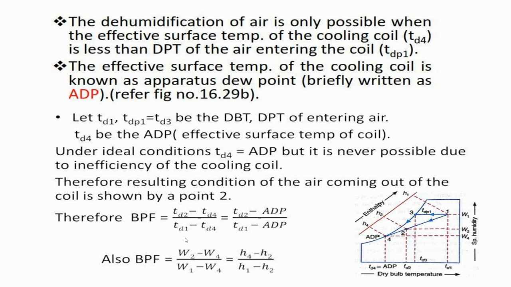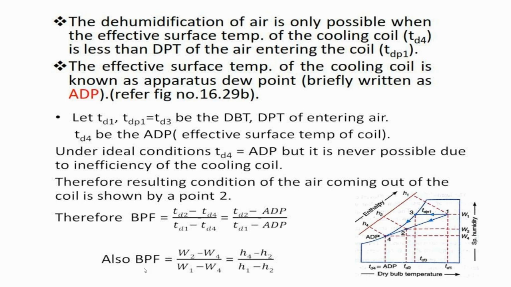So what if these two temperatures are equal? This would give us zero result, or we cannot see any result. Therefore the condition is that the coil temperature should be less than Td1, meaning the entering temperature should be more than the coil temperature.